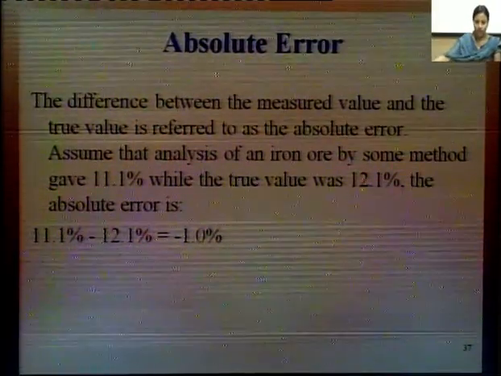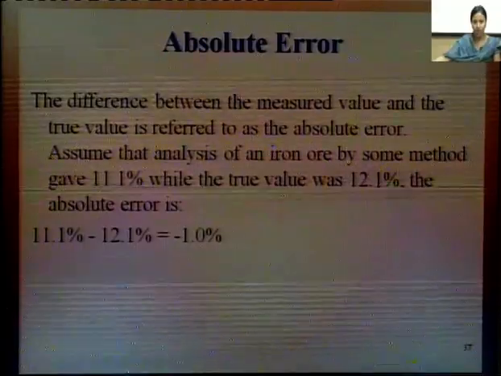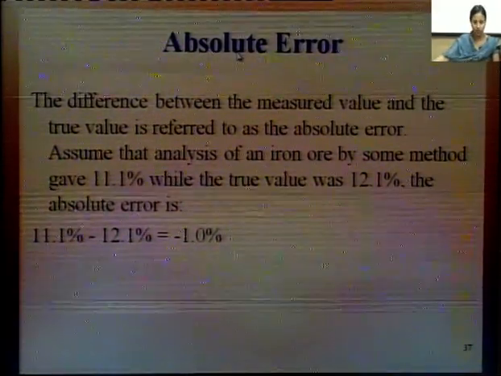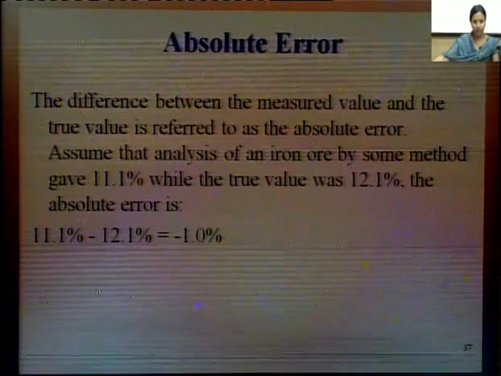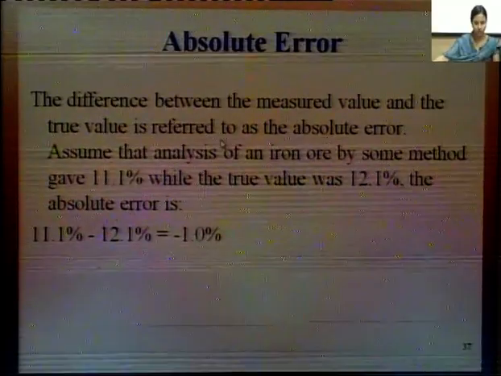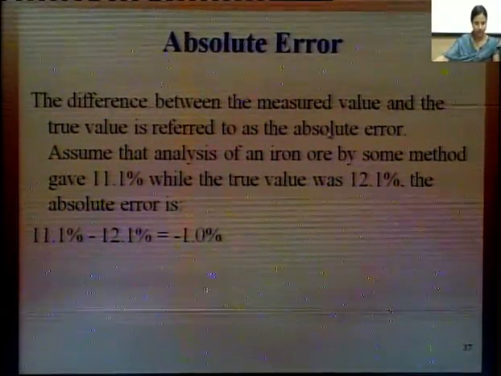Now we come to the numerical portion about absolute error and relative error. First we study the absolute error. The difference between the measured value and true value is referred to as absolute error.